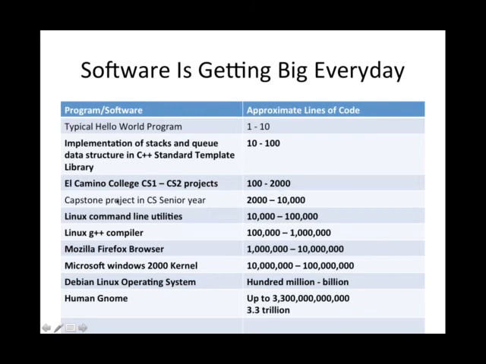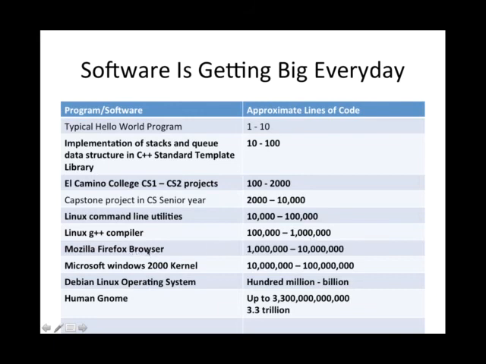A capstone project in CS senior year may have 2000 to 10,000 lines of code. Linux command line utilities might have from 10,000 to 100,000. The Linux G++ compiler may have from 100,000 to a million.